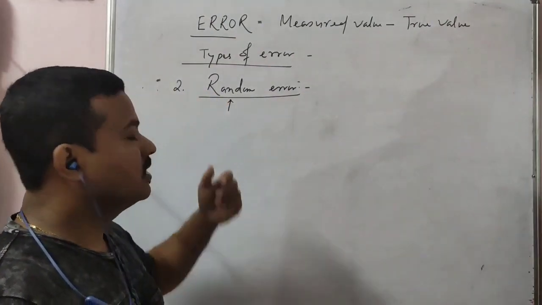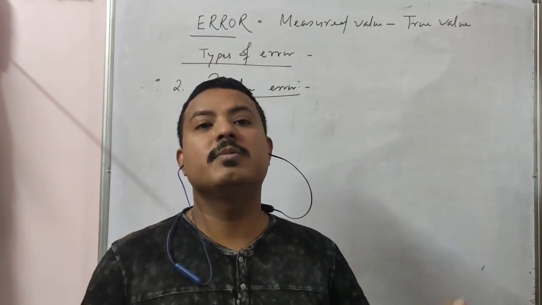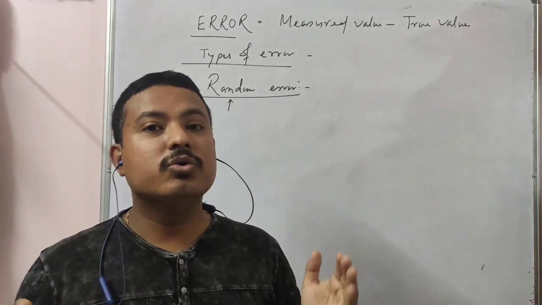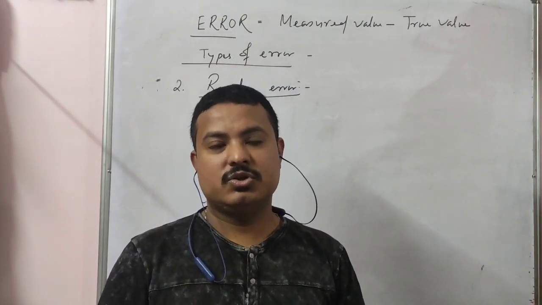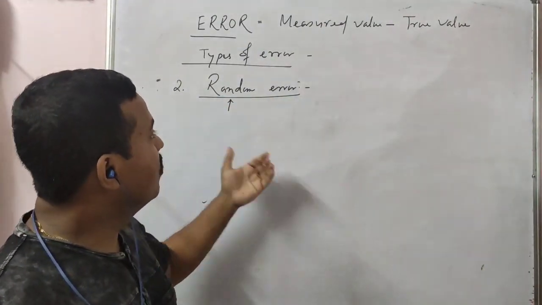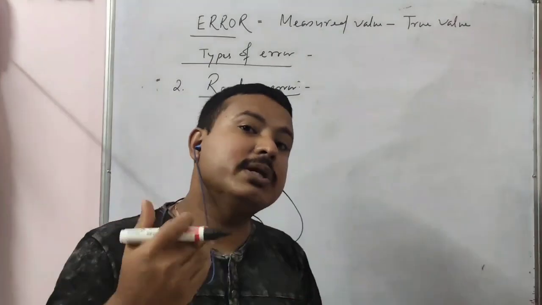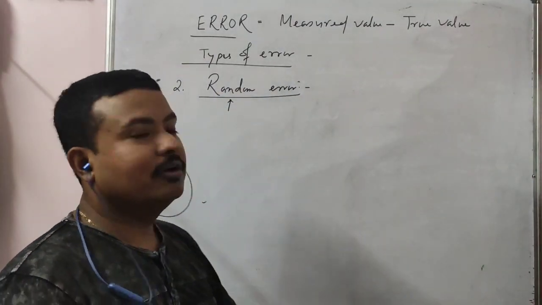First of all, it occurs due to some fluctuations in the environmental conditions which cannot be controlled by us. So these fluctuations may occur and cannot be controlled by oneself. Then you may get random errors.